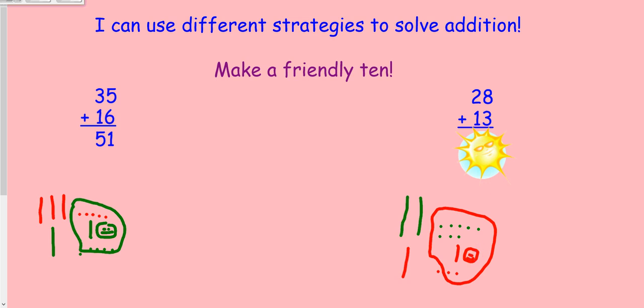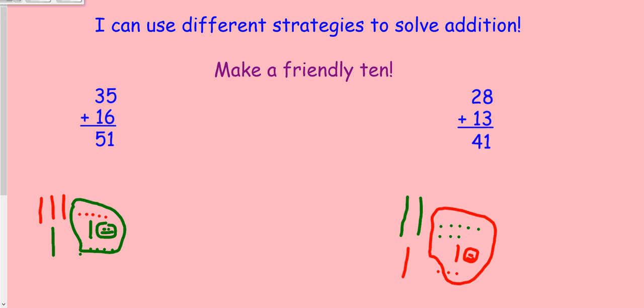Now, using our picture, let's count and see what our whole is. 10, 20, 30, 40, 41. 28 plus 13, our whole or our total is 41.